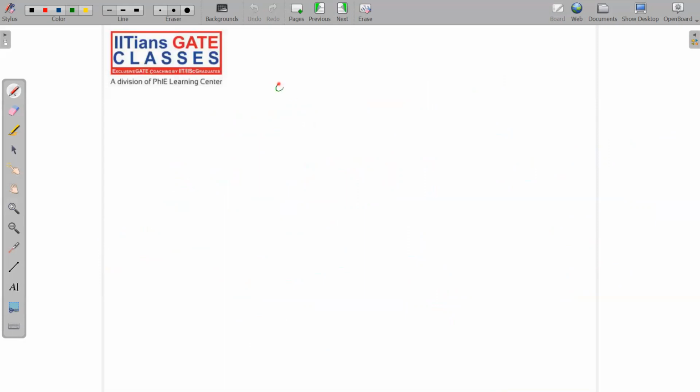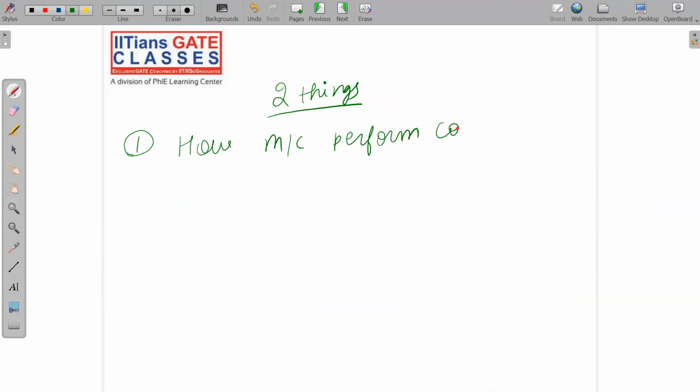We are going to study two things. The very first is how a machine performs computation. This is the first and the very basic thing which we are going to study.